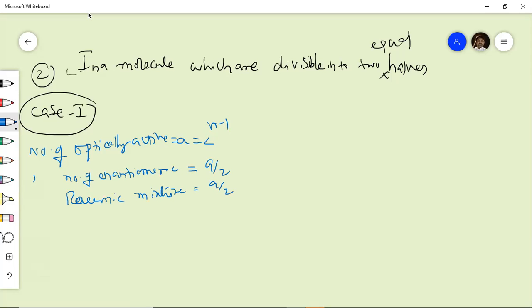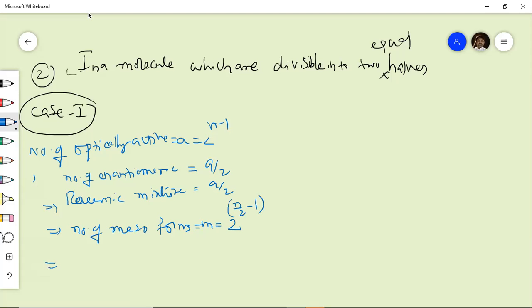And coming to the other one, the number of mesoforms can be calculated using the m symbol. M is equals to 2 power n by 2 minus 1. This is the formula I would use.